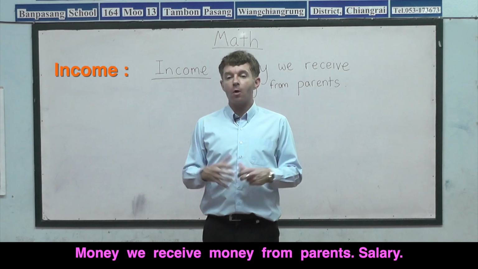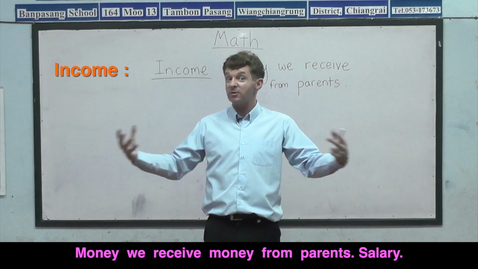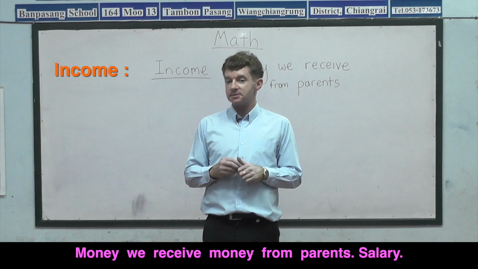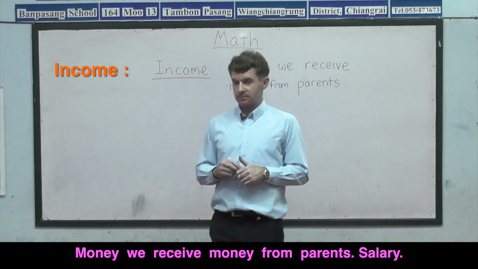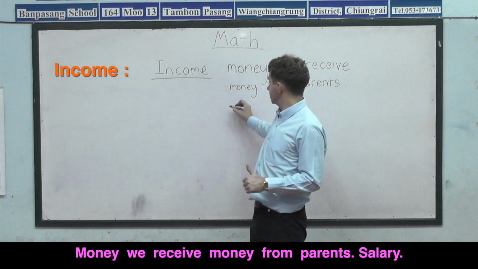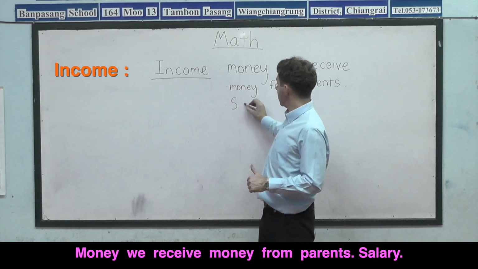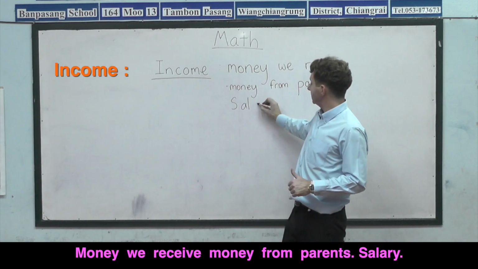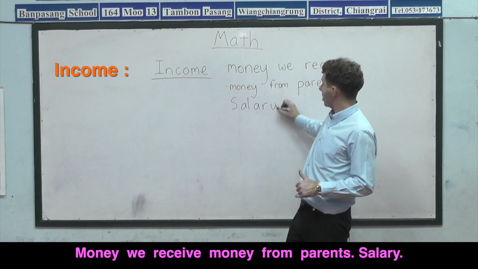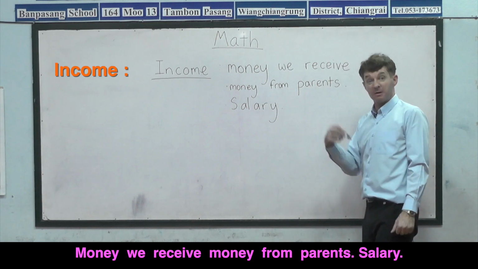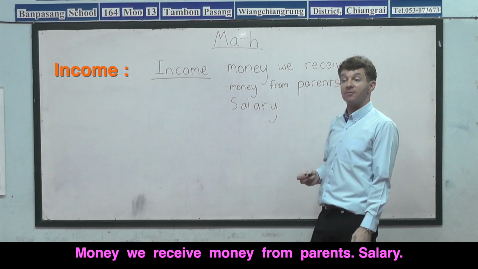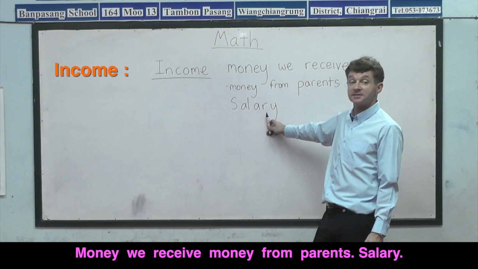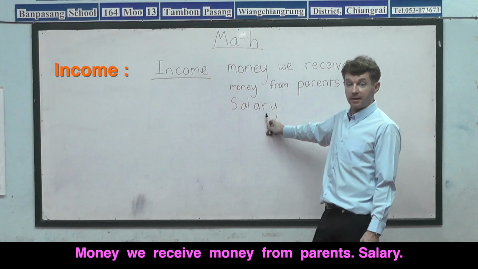I don't get money from my parents anymore, but I have a job. Does anybody know what the income we call when we receive money for our job is? Has anybody ever heard the word salary? Salary, S-A-L-A-R-Y. Money we receive for doing our jobs when we're older, when we're adults, is known as salary.